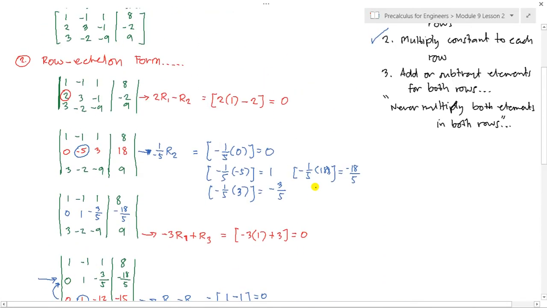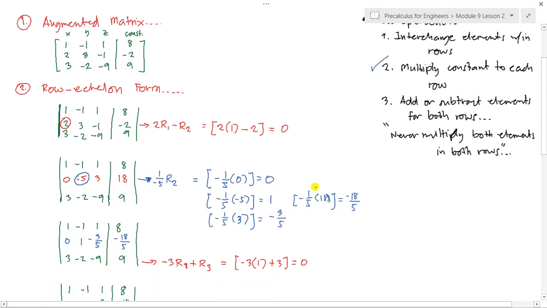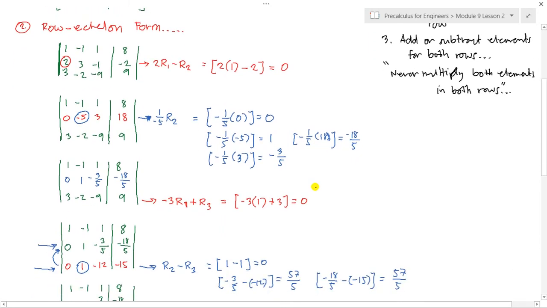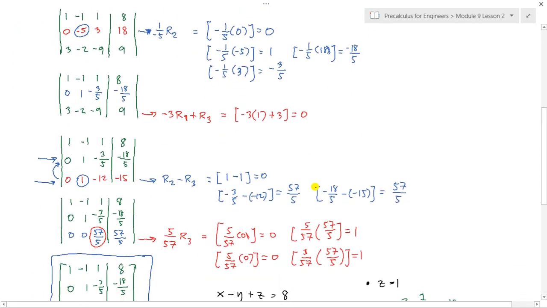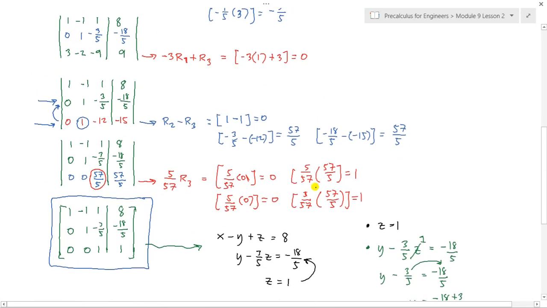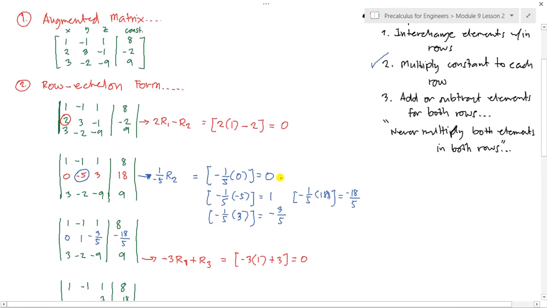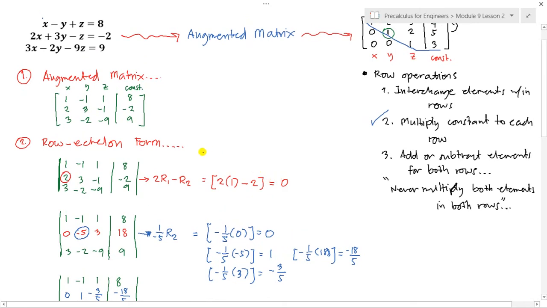So, nakapangutana ko nyo, class, asa man dapit ang medyo lisod? Asa nga part sa atong solution? Ang pag-analyze sir sa multiply. Okay. So, kung nakita nga pattern, ang gibuhatan nato nga technique diri is, in order to make this one 0, mag-make og interaction between row 2 and row 1.